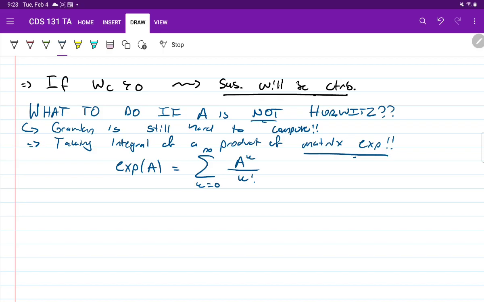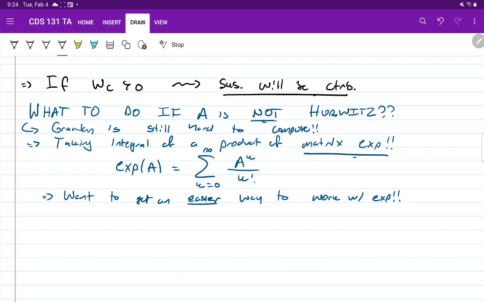Now, something that would really make our lives easier for computing these controllability conditions is if we were able to simplify this formula for the exponential, okay? What we want is an easier way to work with the exponential.